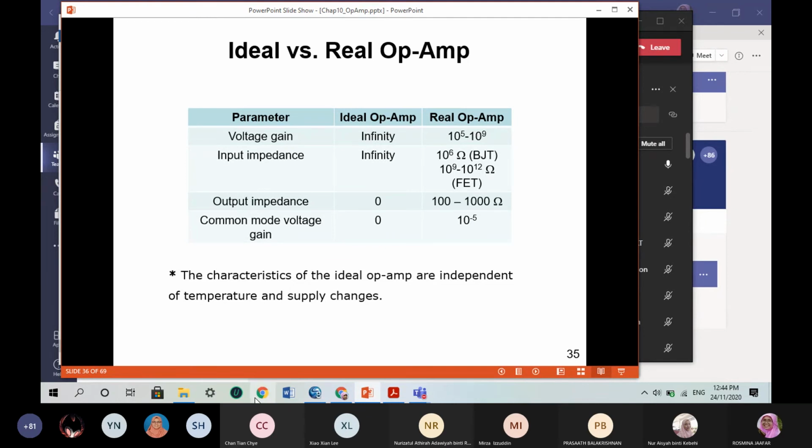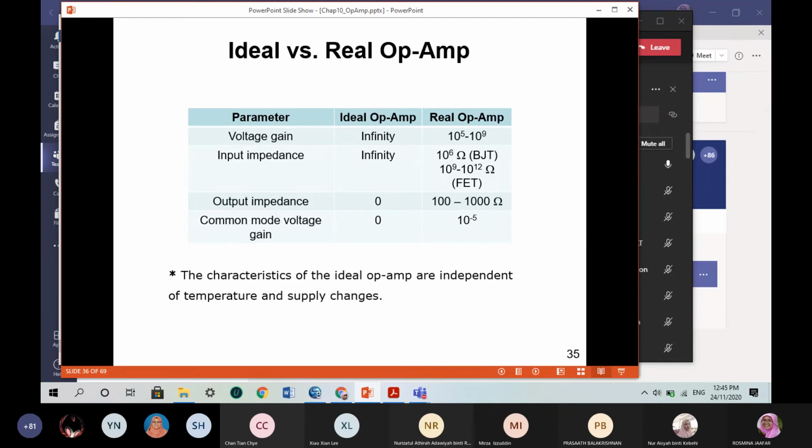So the characteristics of the ideal op-amp are independent of temperature and supply changes. But in practice, the supply voltage and the temperature will influence the performance of the op-amp, because the PN junction is affected by temperature.